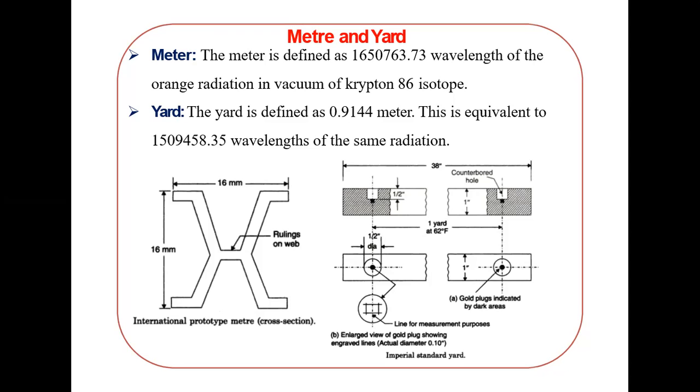First of all, it is the meter. The meter is defined as 1650763.7 wavelengths of the orange radiation in the vacuum of krypton 86 isotope. That is the wavelength standard of krypton.